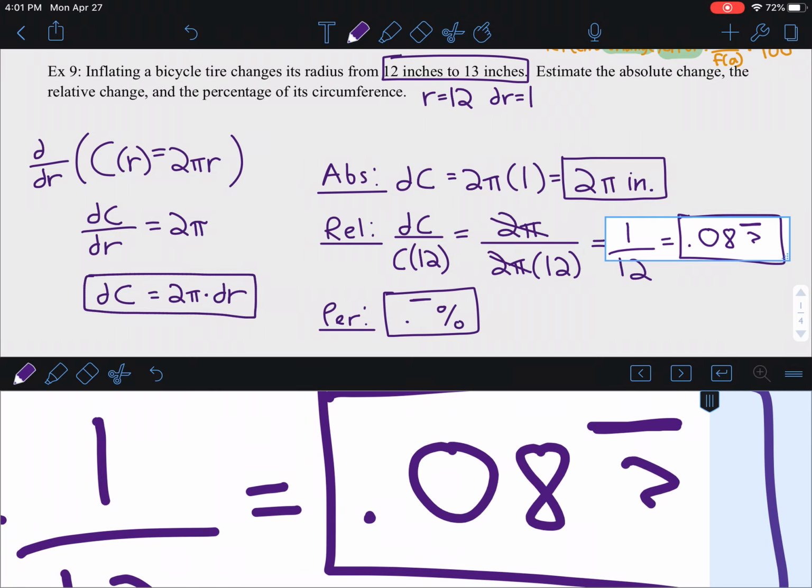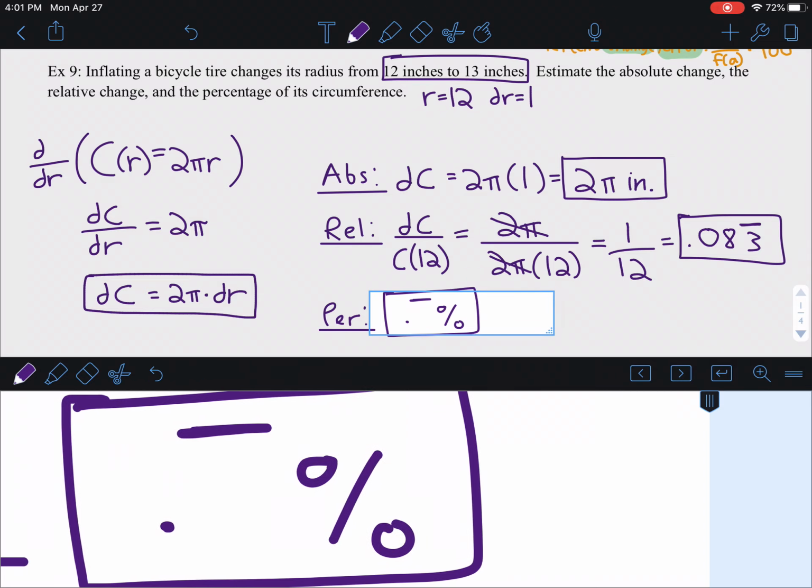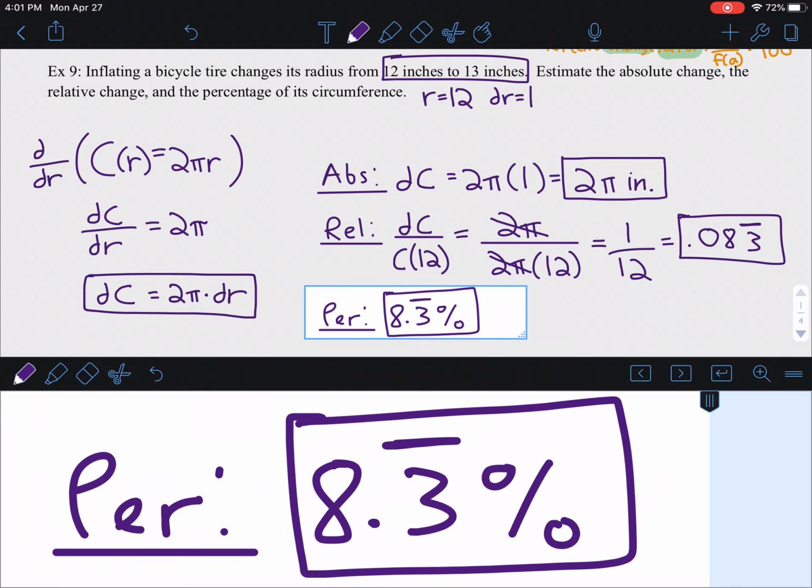It is 0.083 repeating. And the last thing, we can quickly turn that into a percent by multiplying by 100, and we get an 8.3 repeating percent change for the circumference. Okay, so at most, the circumference is going to go up by 8.3 repeating percent.